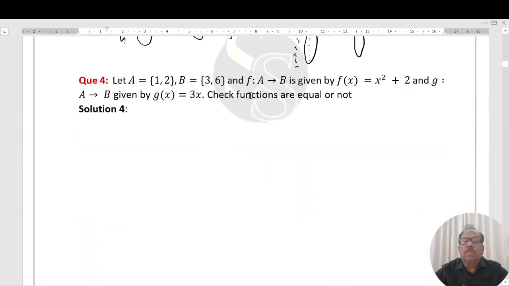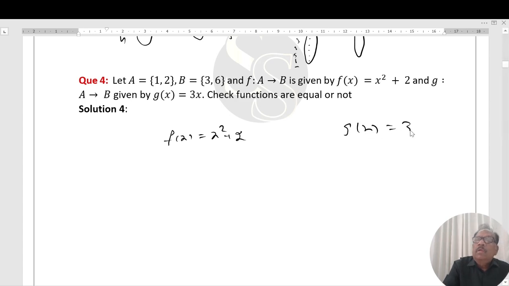Now see here. In this case, there are two functions. f(x) is x square plus 2 and g(x) is 3x. f(1) will be 1 plus 2, 3. In this case, g(1) will be equal to 3 into 1, 3.